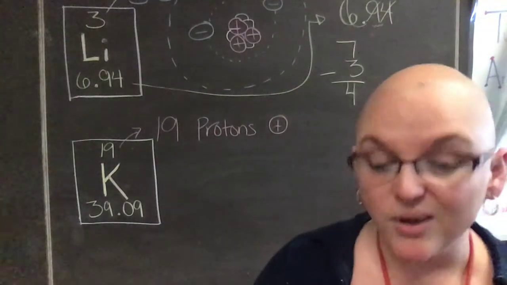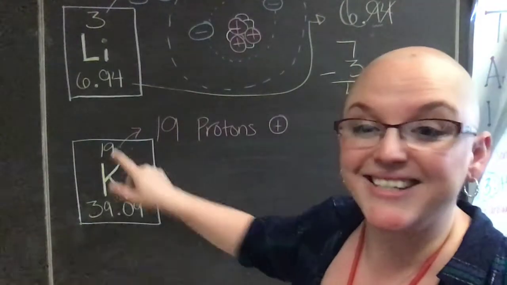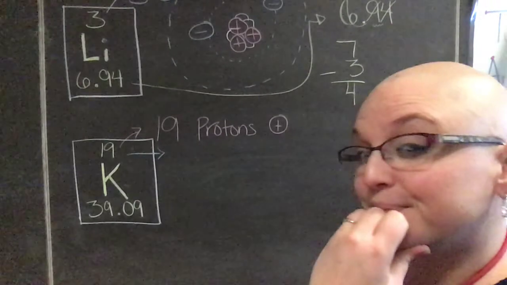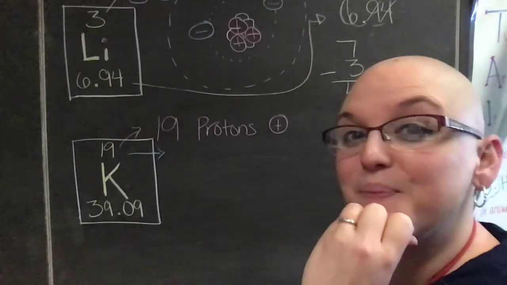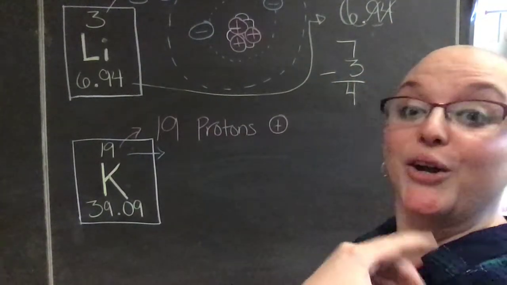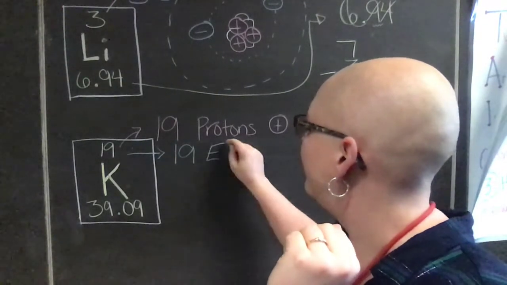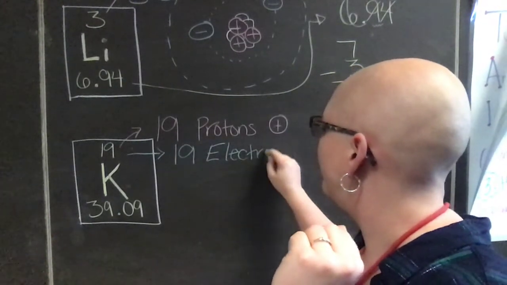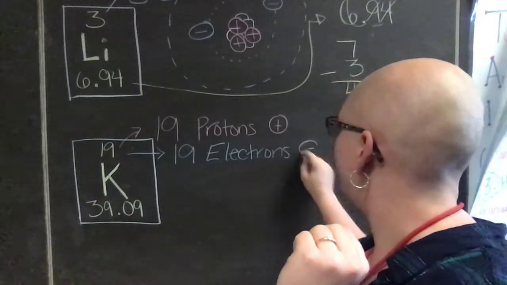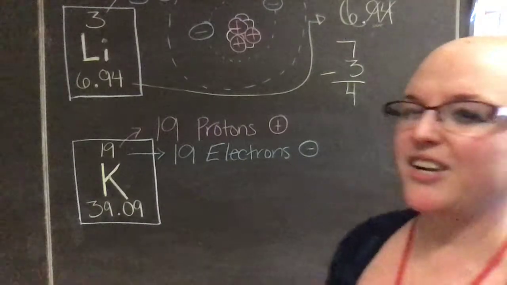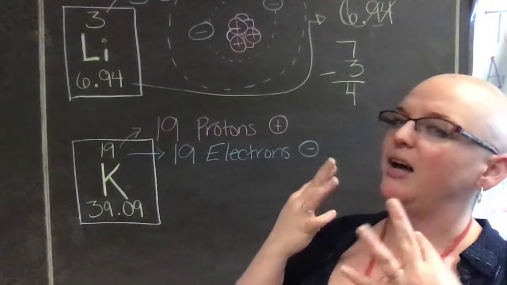And also, because the atomic number is 19, that means it has how many electrons? If you said 19, you are right again. Very good. And then lastly, we have to figure out that whole neutron thing, right?